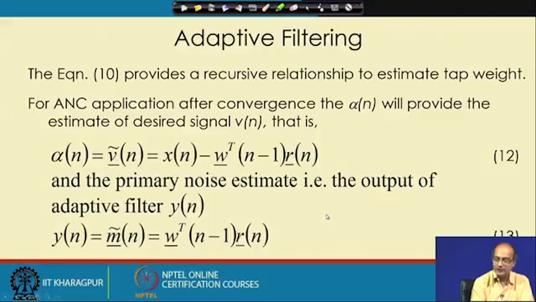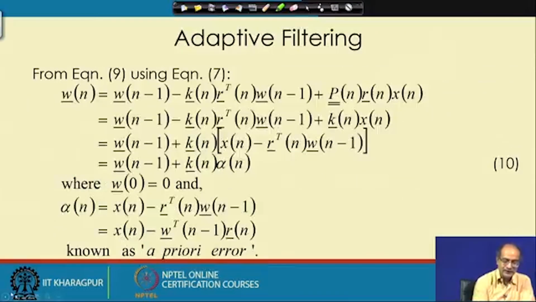Okay. So that is what we note, and the equation what we have seen in the previous one, this is our update equation.